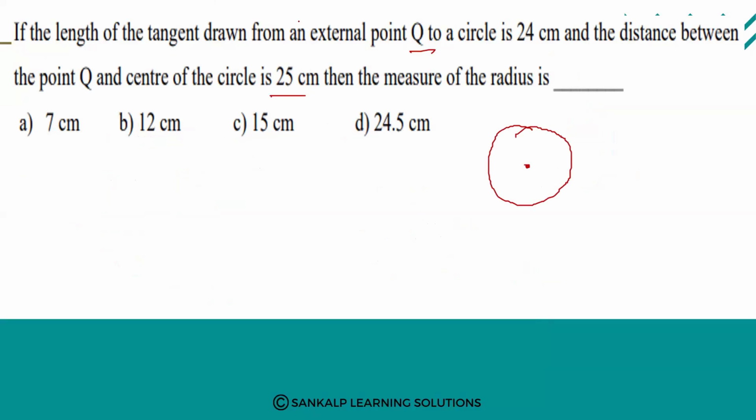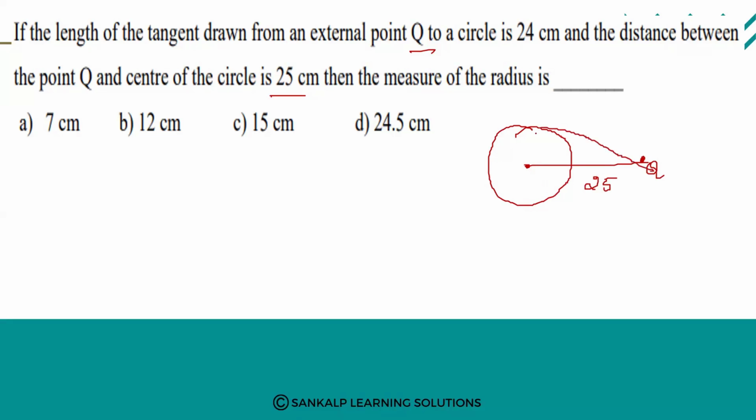So the length of the tangent drawn from an external point Q, that is the external point Q here, is 24 centimeter, and the distance between the point Q and the center of the circle is 25 centimeter. So this is 25 centimeter.